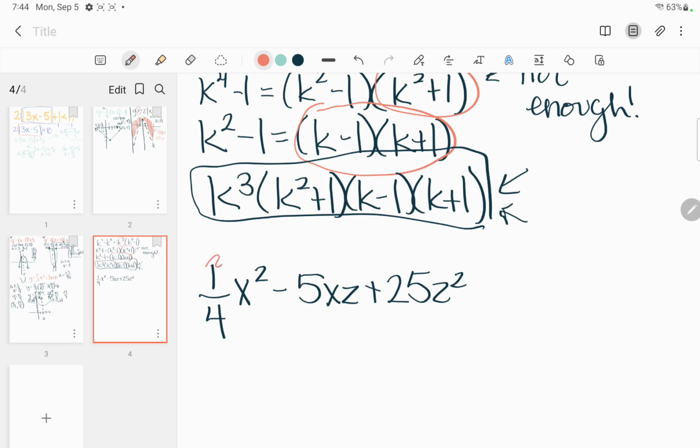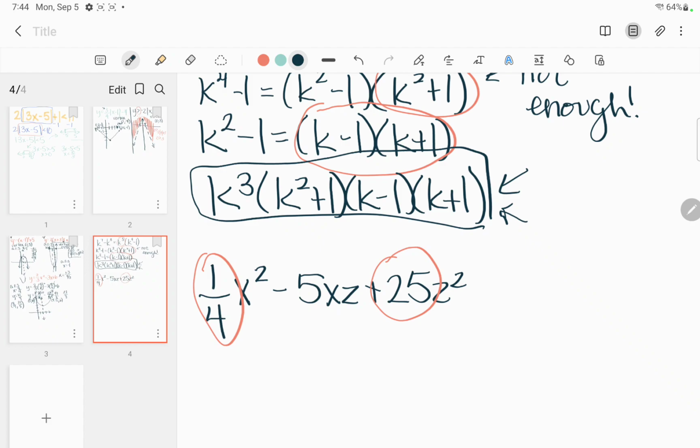First possibility to think of is that 1/4 is a perfect square, 25 is a perfect square, so this could be a perfect square trinomial. That's one option. Your other option is to say, I don't want to work with fractions at all today, so I'm going to divide by 1/4. That's the approach I'm going to take.